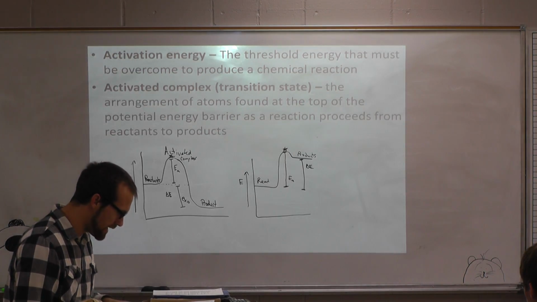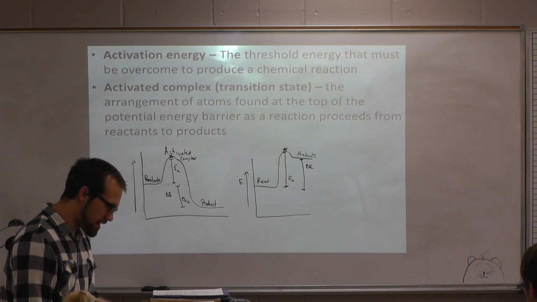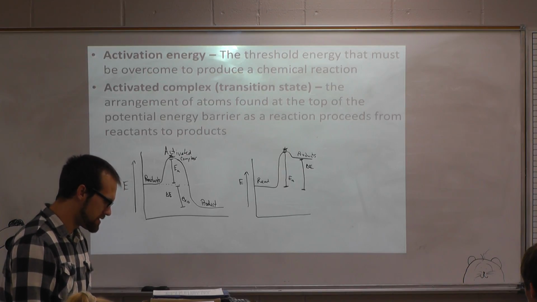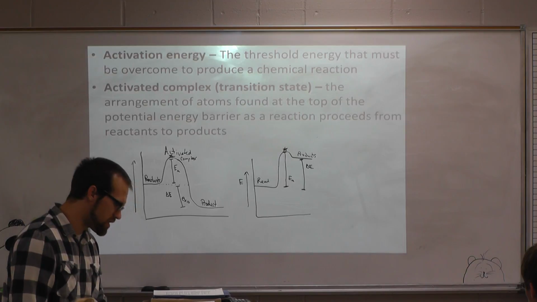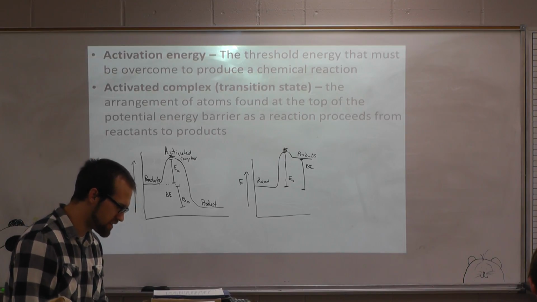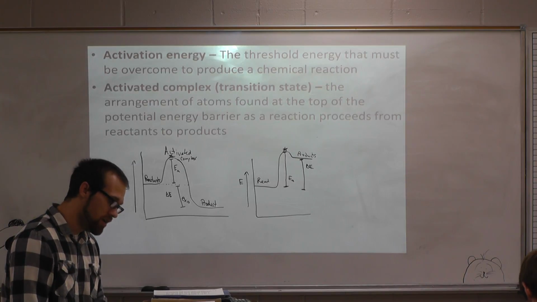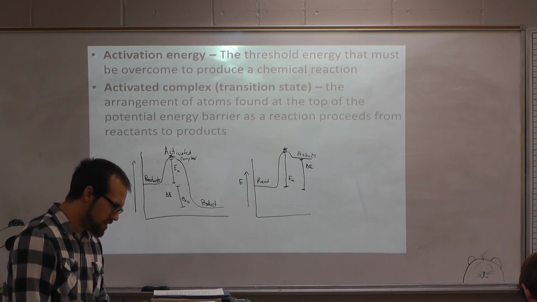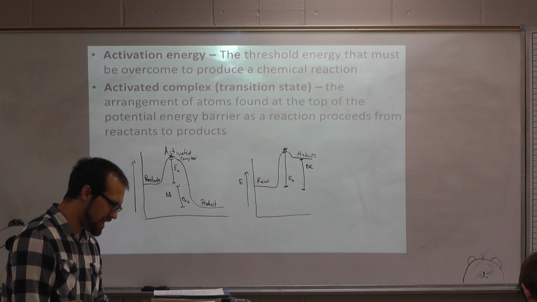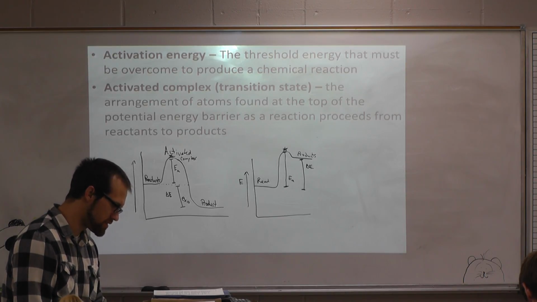Now I'm going to start reading at the top. It says this question was first addressed by Svante Arrhenius. He proposed the existence of a threshold energy, which we call our activation energy, that must be overcome to produce a reaction. Such a proposal makes sense as we can see by considering the decomposition of BrNO in the gas phase.